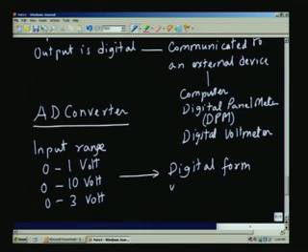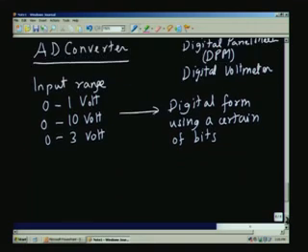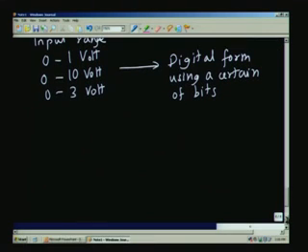Using a suitable ADC with a certain number of bits. Let me just describe what this means. You know that the digital signal is always in the form of a binary signal.